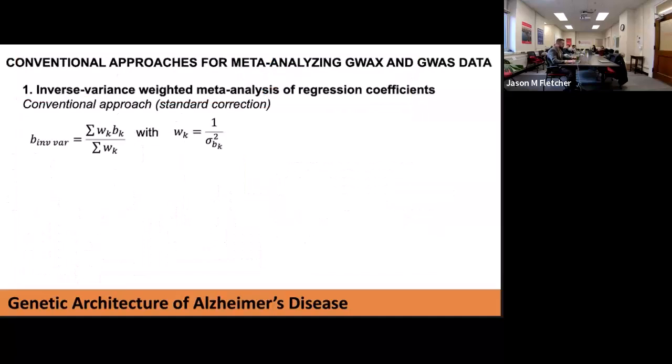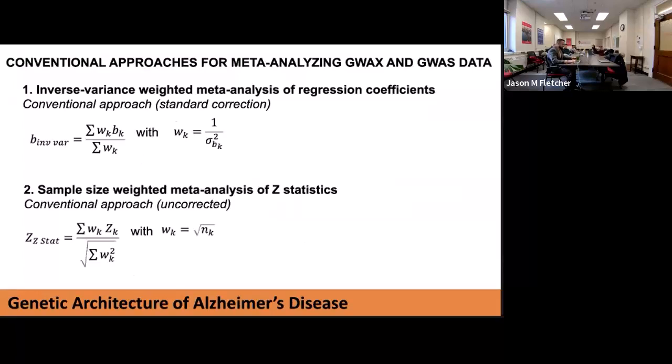So conventional approaches for analyzing GWAS and proxy GWAS data either use an inverse variance weighted meta-analysis of regression coefficients, using weights as the inverse of the variance of the effect size estimates, or meta-analysis of Z statistics with weights equal to the square root of the study-specific sample size.